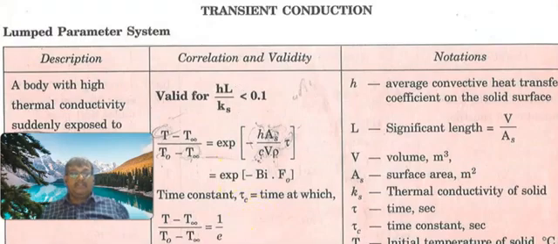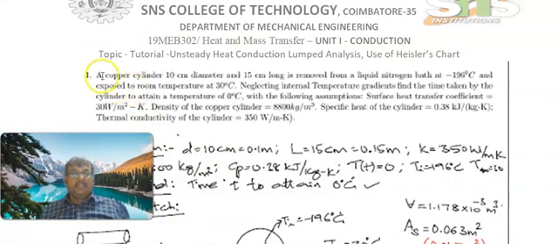Now let us get into the numerical problem. A copper cylinder 10 cm in diameter and 50 cm long is removed from a liquid nitrogen bath at minus 196 degrees centigrade and exposed to room temperature at 30 degrees centigrade. Neglecting internal temperature gradient, find the time taken by the cylinder to attain a temperature of 0 degrees centigrade with the following assumptions.